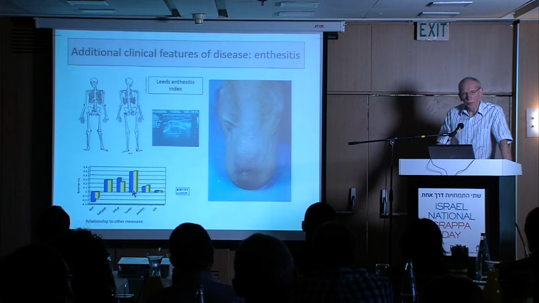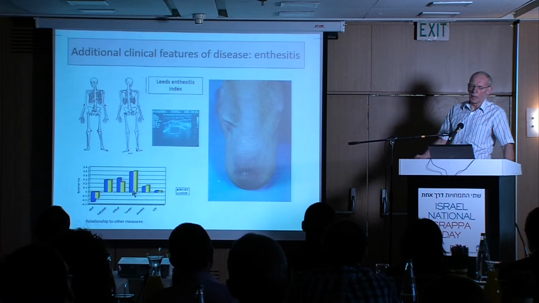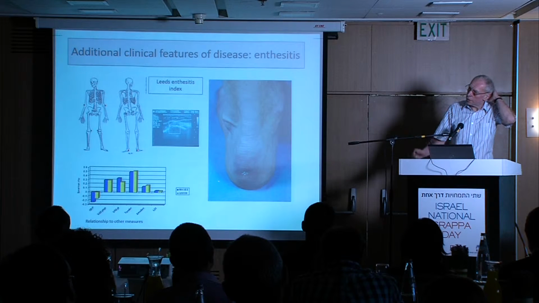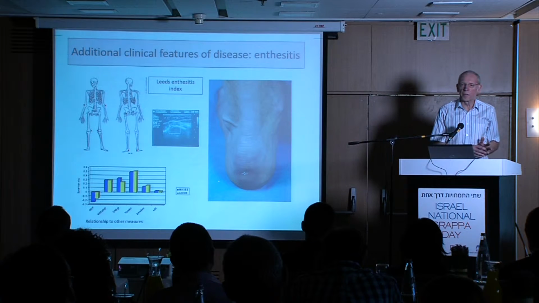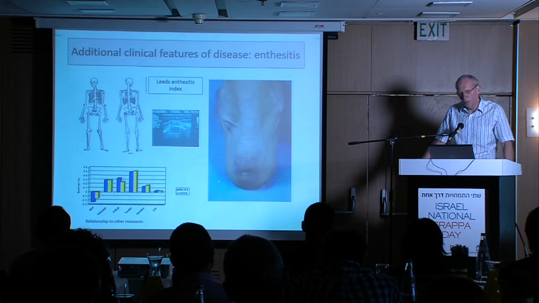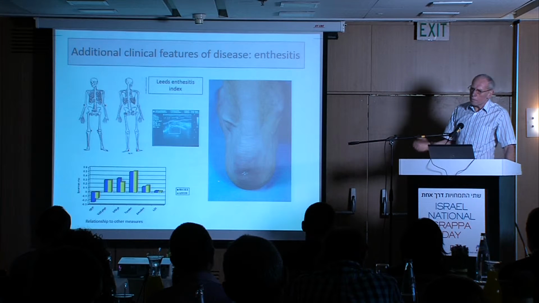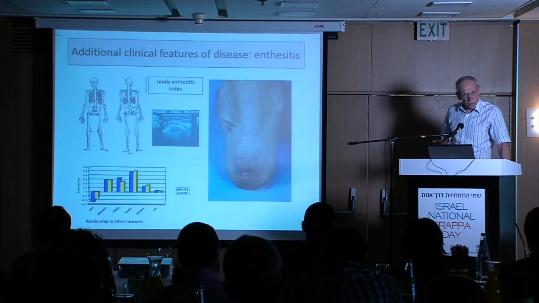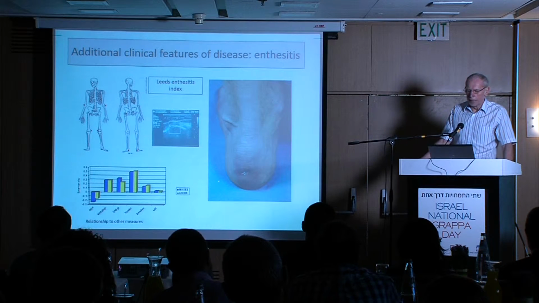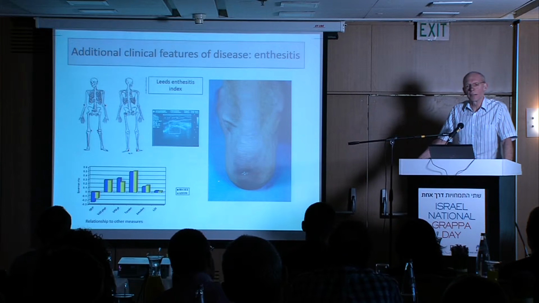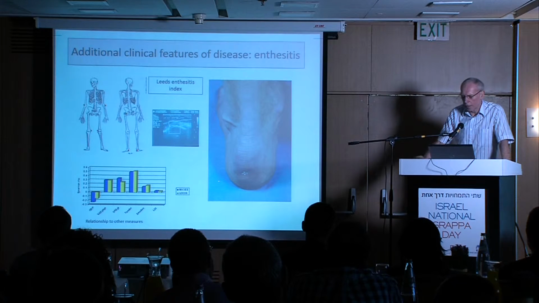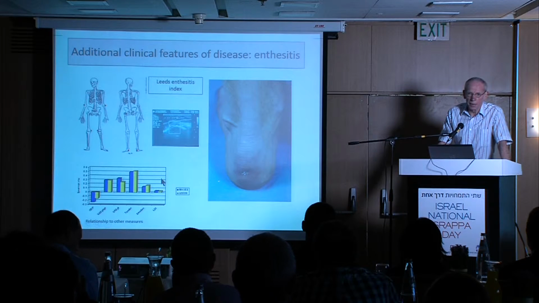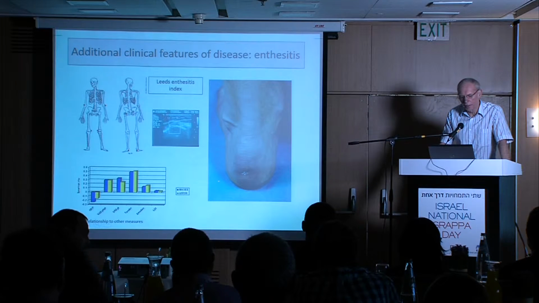The highest scores are with the tender joint count. And there's been a study from Milan in Italy that looked at fibromyalgia scores with enthesitis scores and showed a relationship. So what we're measuring when we say we're getting an enthesitis count above the heel, the rest of the body, to me is as yet not clear. And I do believe it is a measure of pain rather than true enthesitis.